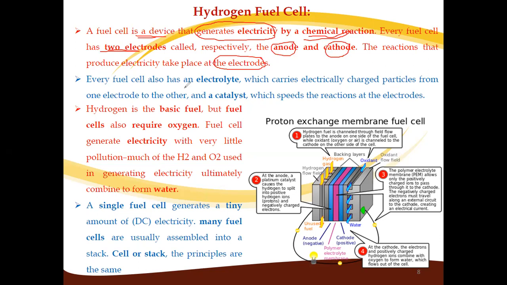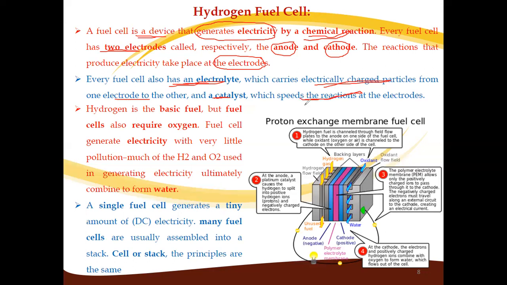Now every fuel cell also has an electrolyte, which carries the electrically charged particles from one electrode to another electrode. So this is one important concept: every fuel cell has an electrolyte, and its function is to carry the electrically charged particles from one electrode to the other. And the third part is the catalyst, which speeds up the reactions at the electrodes.